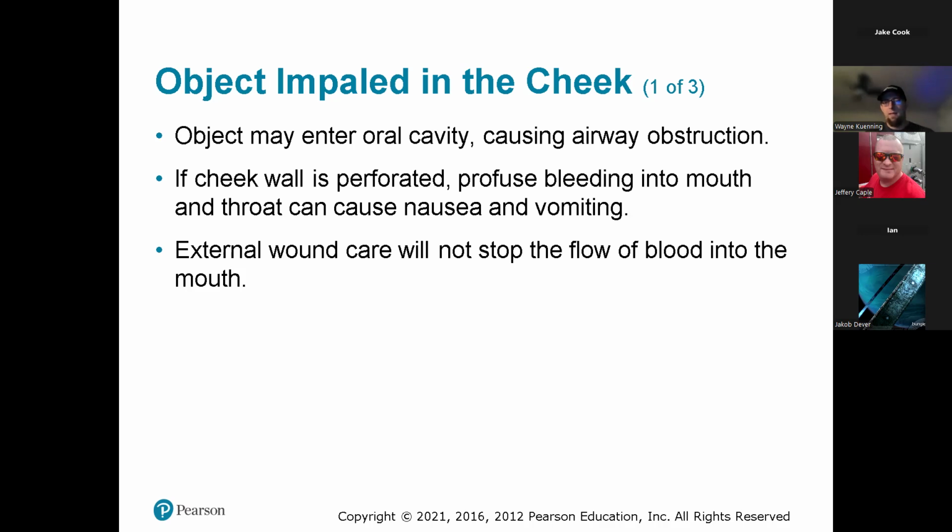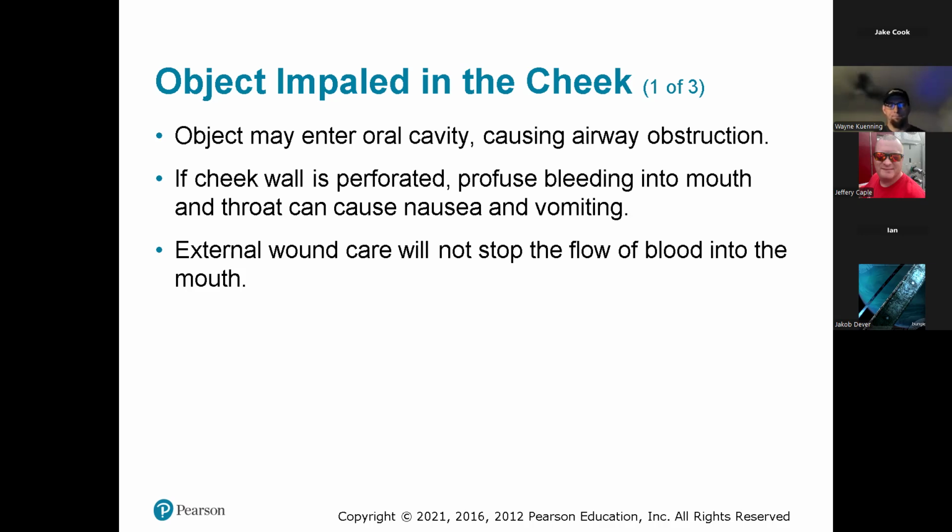the mouth, the vaginal cavity, and the rectum are all mucous membranes, and they're very vascular. All your mucous membranes are. They're designed to keep moist and to absorb nutrients.